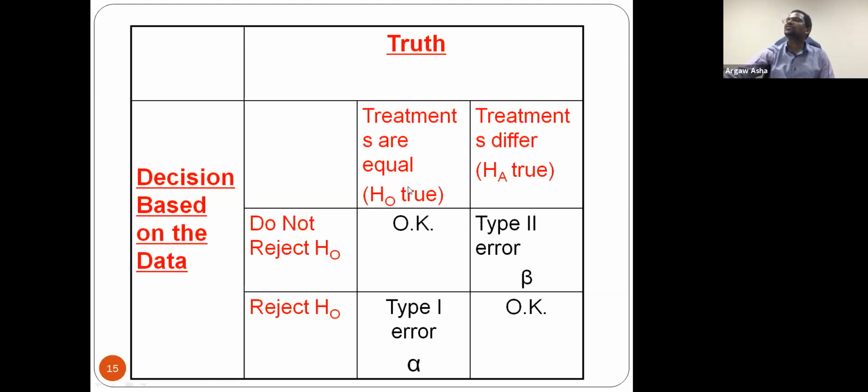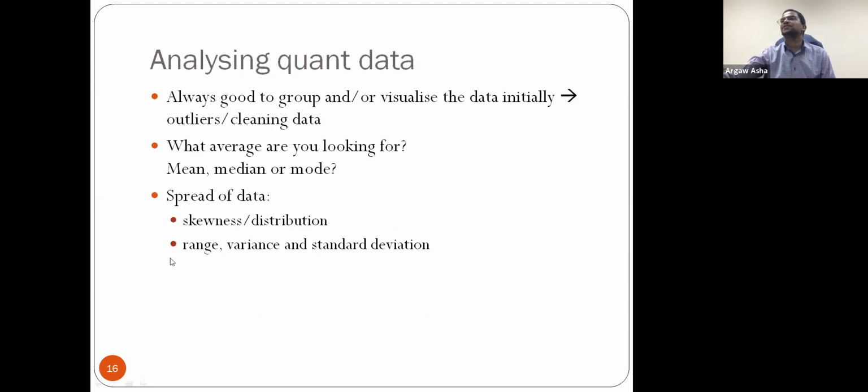And if your values are true, hypothetically, and then you reject that, what you call a type 1 error. So in all cases, we can see which one is a type 1 error and which one is a type 2 error.